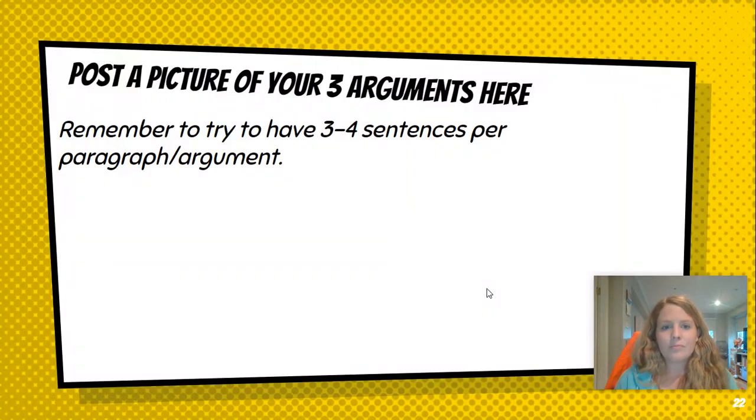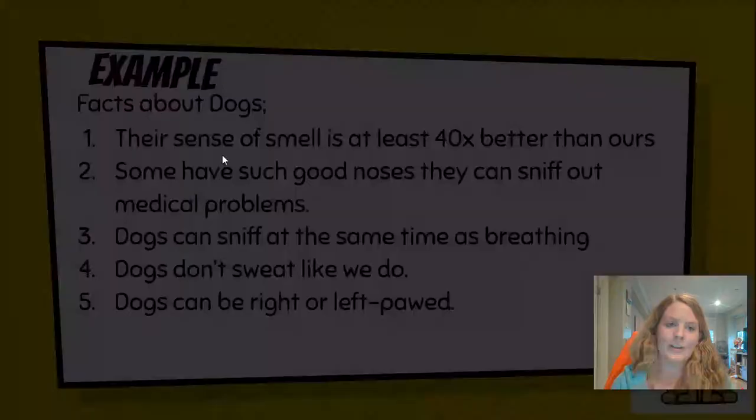So now that you've got a couple of examples of how you can make your paragraphs really interesting and really engaging, especially for your audience and for your teachers who will be judging your speeches, I would like you now to have a go using your ideas, writing your facts or your show, don't tell, or your what was the other one?